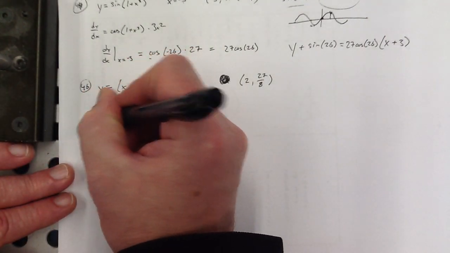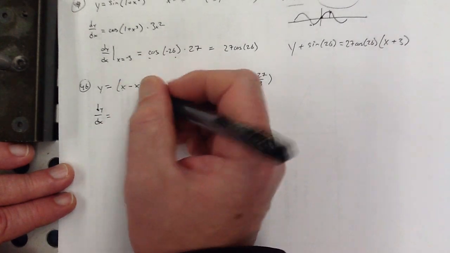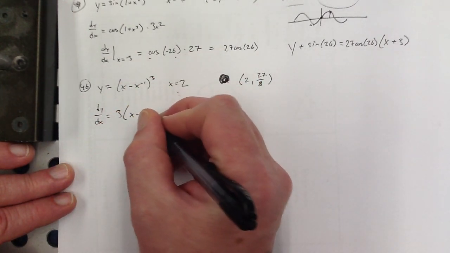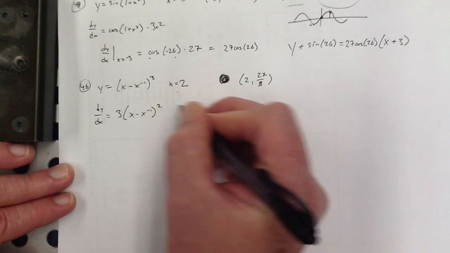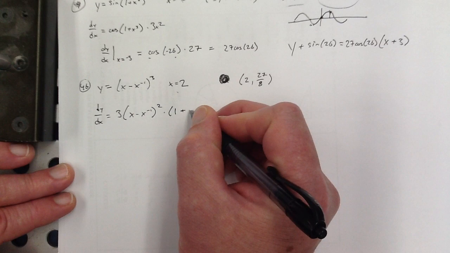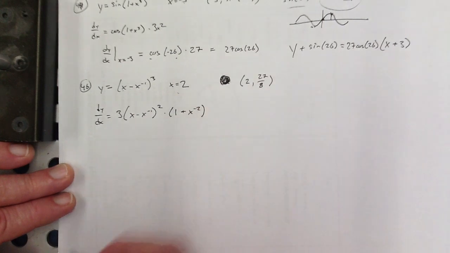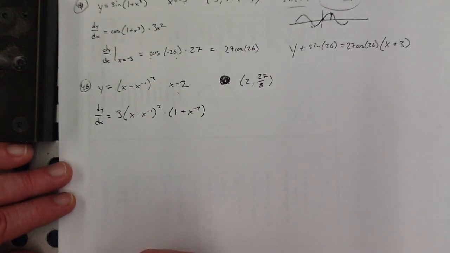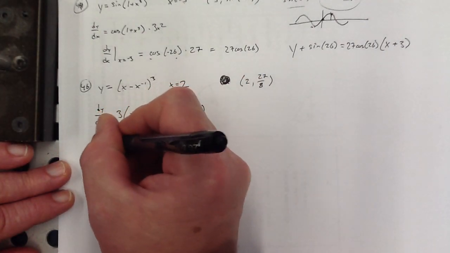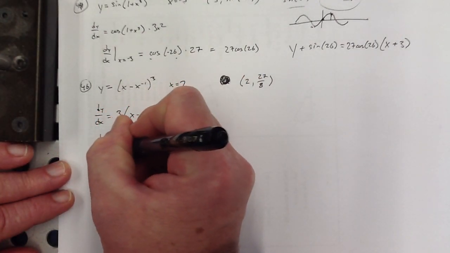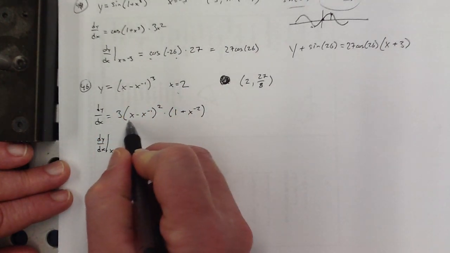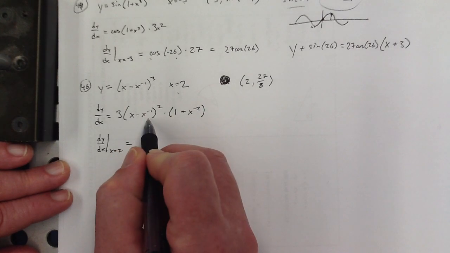dy/dx is equal to the derivative of something cubed, which is 3 times that thing squared, times the derivative of what's inside. Okay, so what do I get when I plug 2 in? Well, I know that this expression is 3 halves, right?